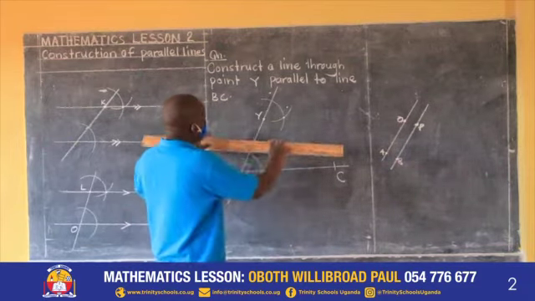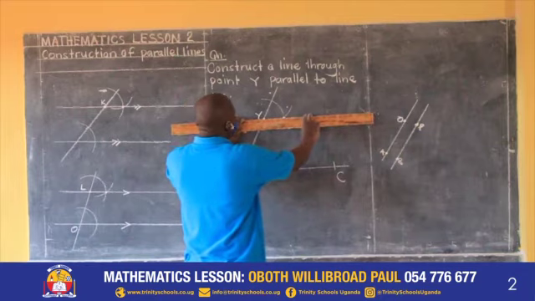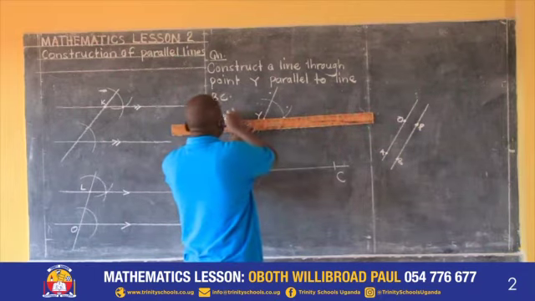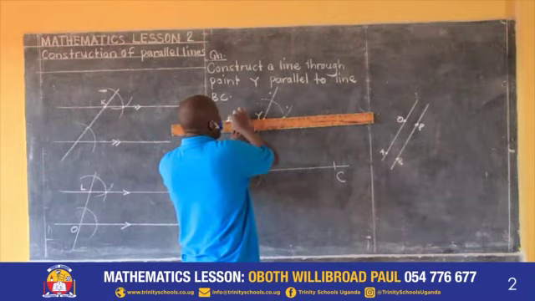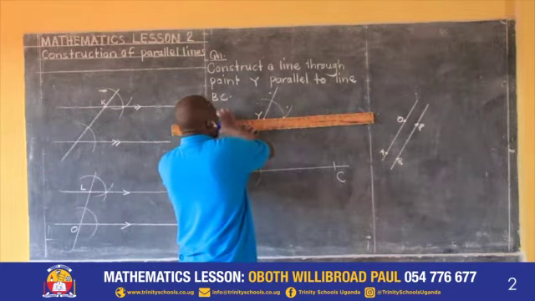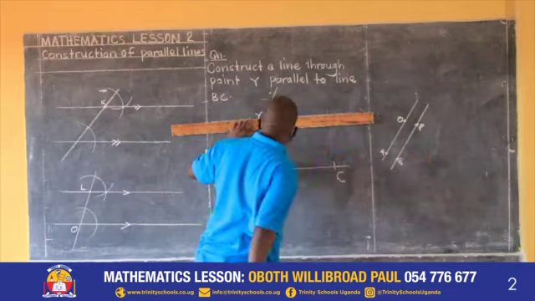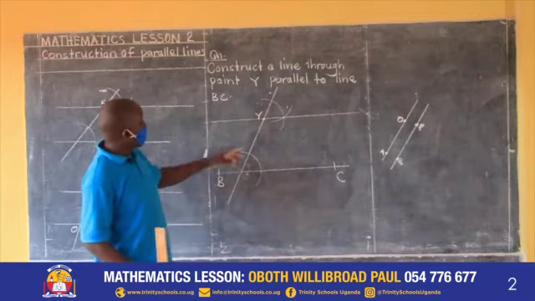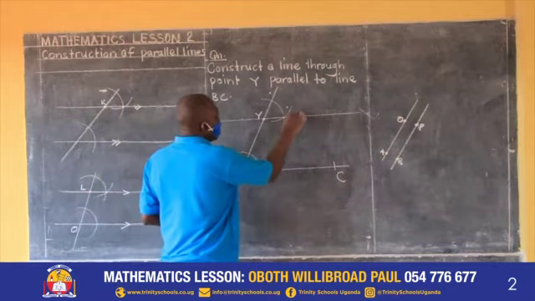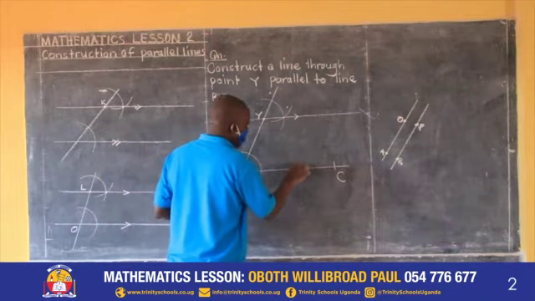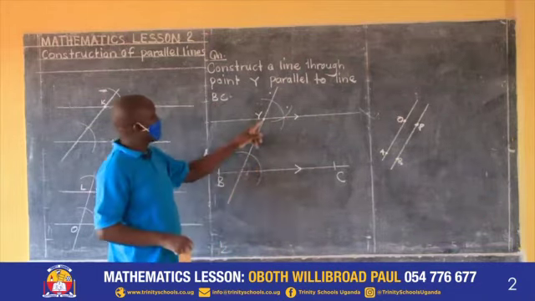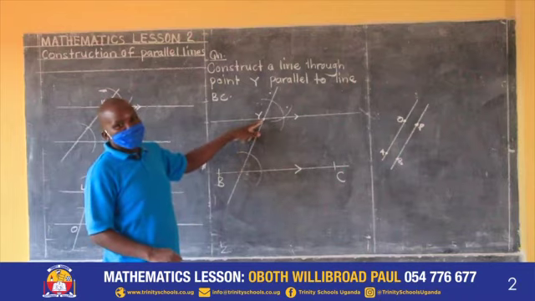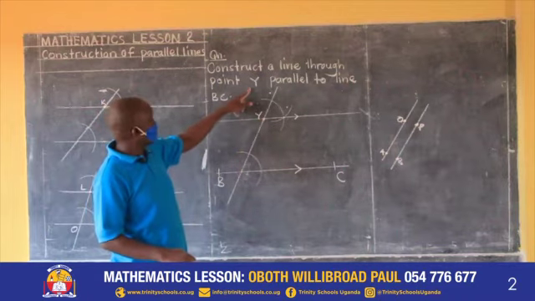Then what happens? You join, and let the line go through. So you can now see that this line is parallel to this one, and it is passing through the required point, the point that was asked.